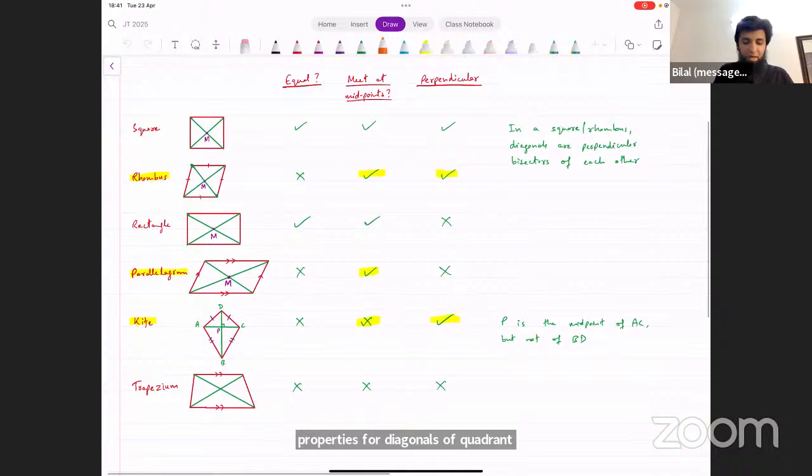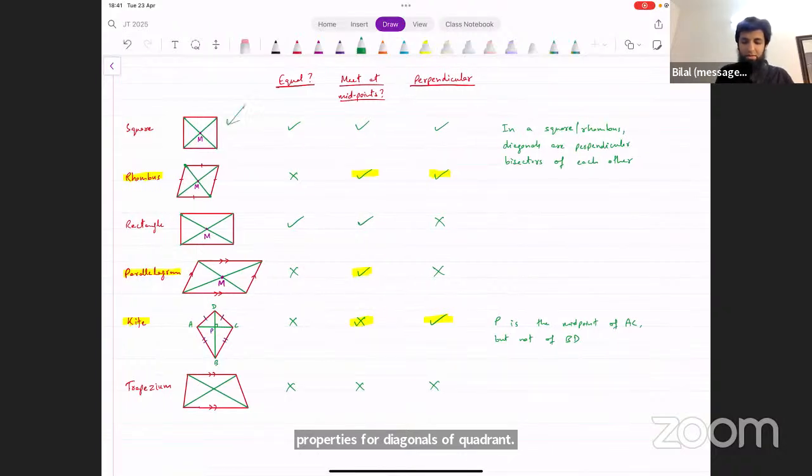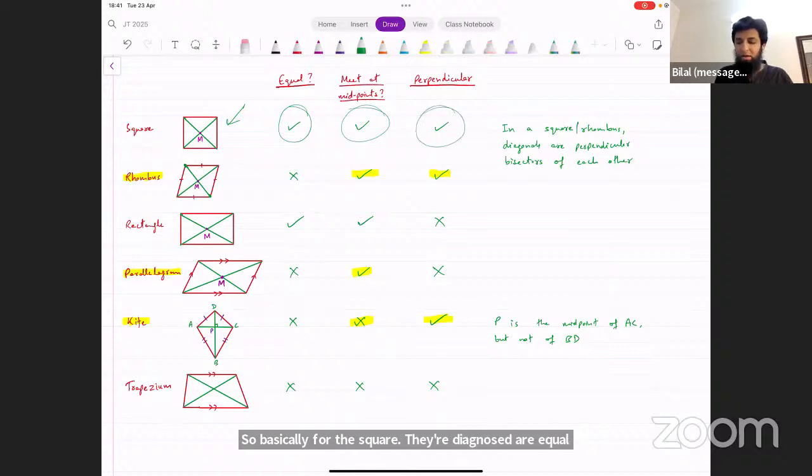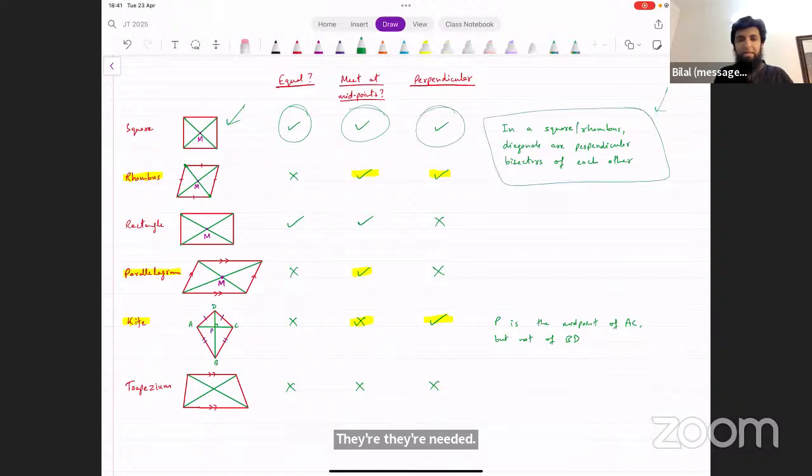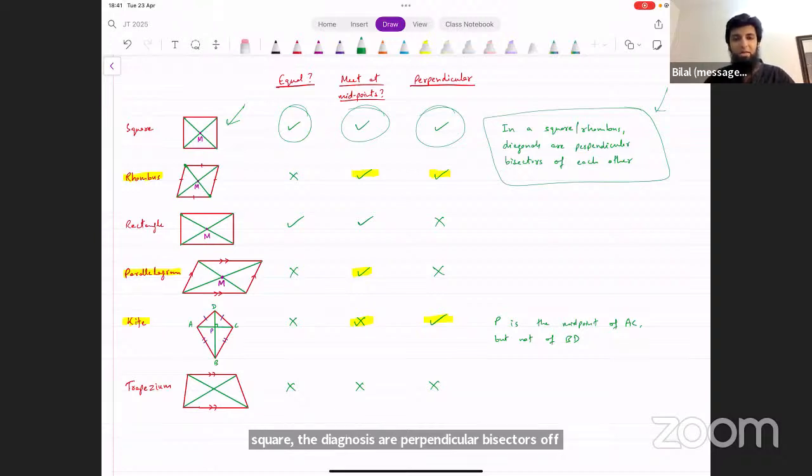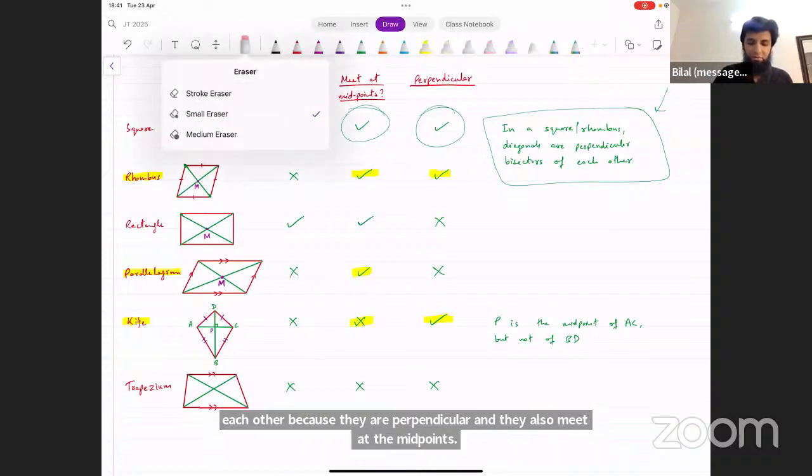So basically, for a square, the diagonals are equal, they meet at midpoints and they are perpendicular. So in a square, the diagonals are perpendicular bisectors of each other because they are perpendicular and they also meet at the midpoints. Both of those conditions are true.